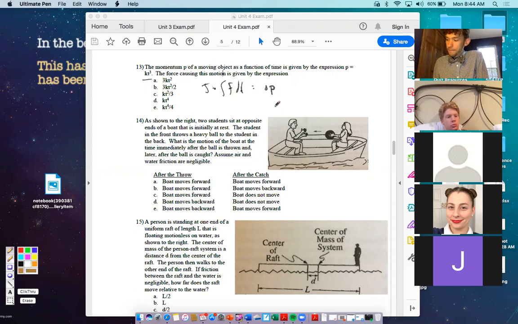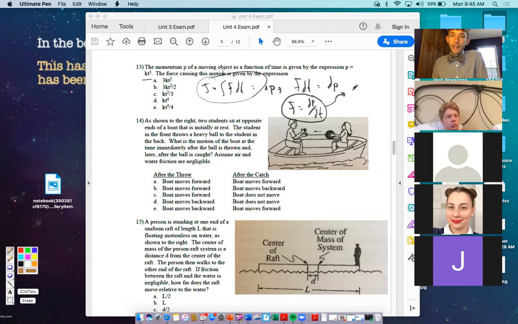And I can rearrange that to say that F dt equals some little tiny change in momentum, and therefore force is defined as the time derivative of momentum, dp/dt. You guys need to know this relationship. It's how we get this relationship right here. These two things are synonymous with each other, okay?